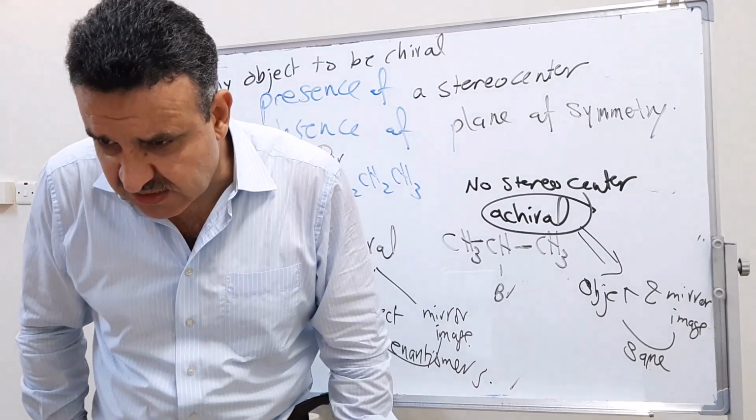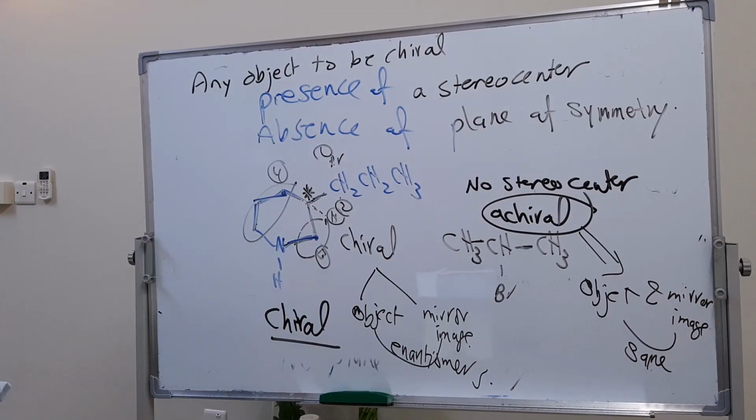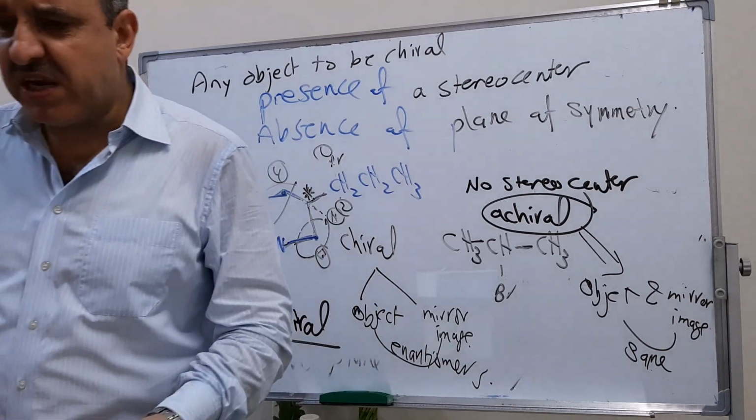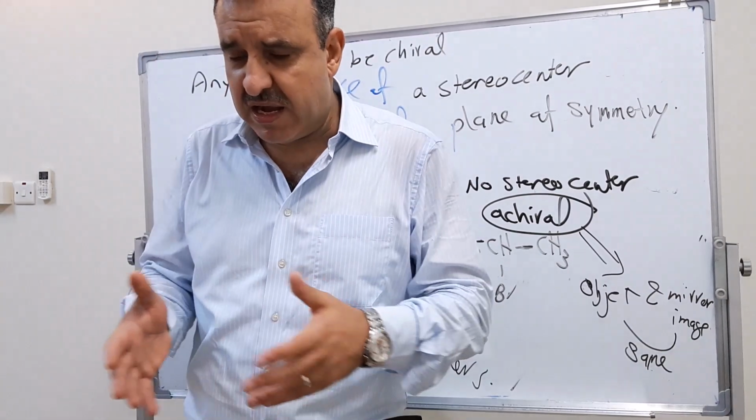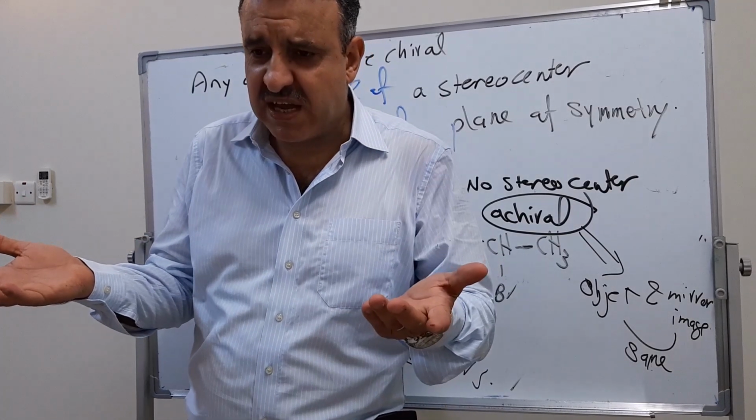Is that clear, guys? Is there any question about the chiral and achiral object, and the implications of that? Perfect. Okay.